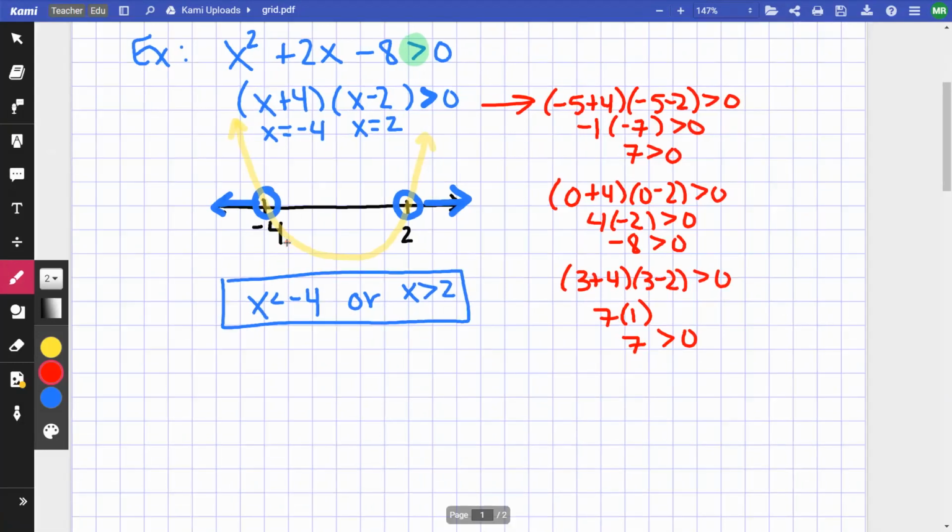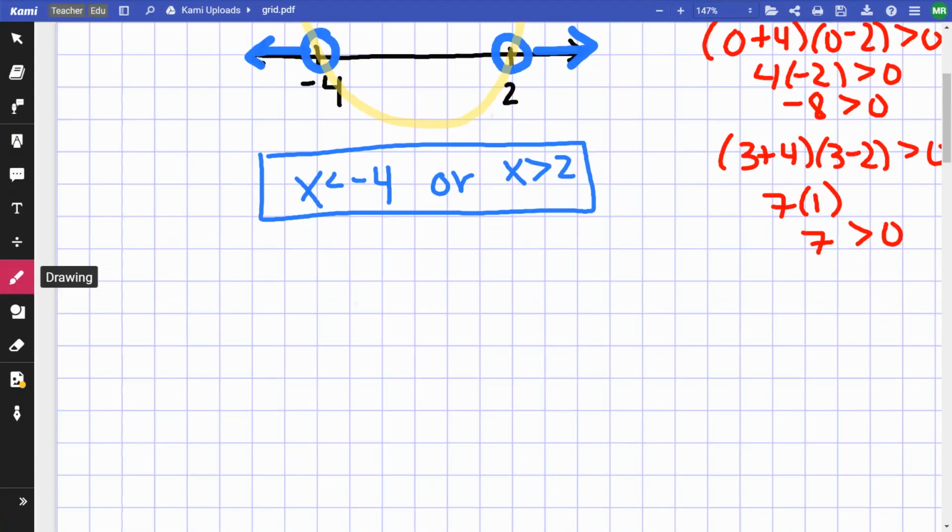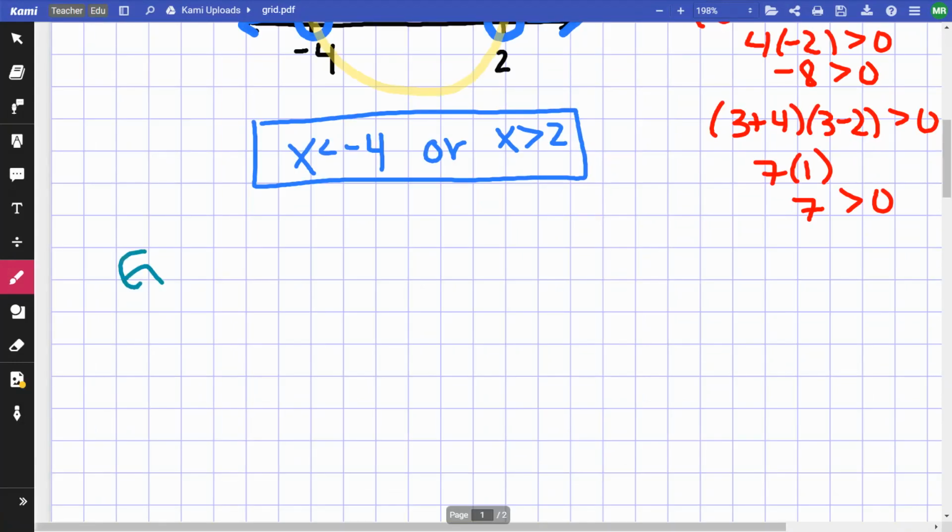So I'm going to put another problem down here. Let's say, for example, we have -x squared plus 6x minus 5 is greater than or equal to 0.